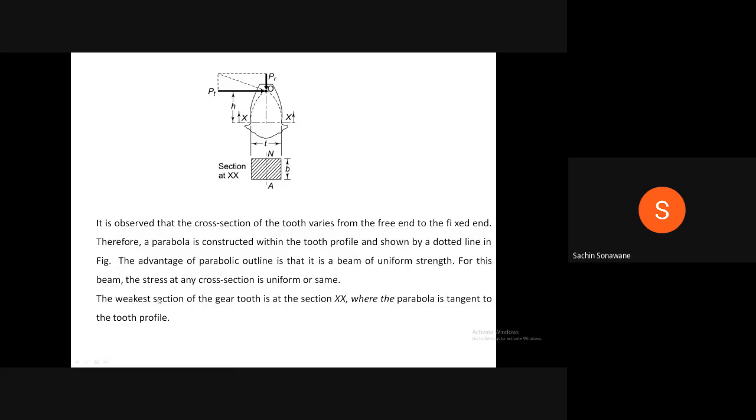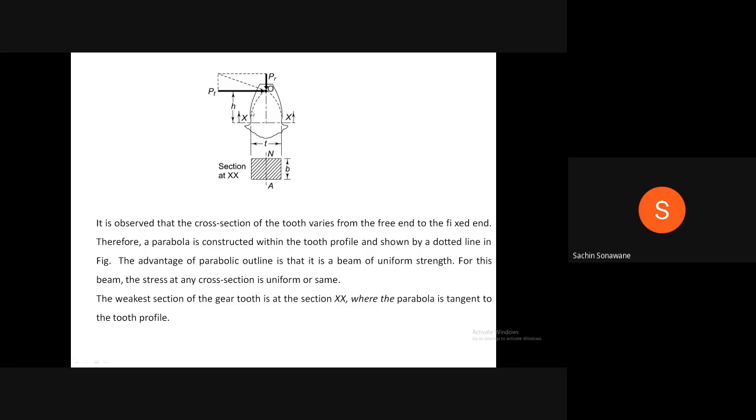The weakest section of the gear tooth is at the section XX, where the parabola is tangent to the tooth profile. Whatever has been written here is expressed in the figure here. This is our original gear tooth. In this gear tooth, we have constructed a parabola which is tangential at the base of the tooth.